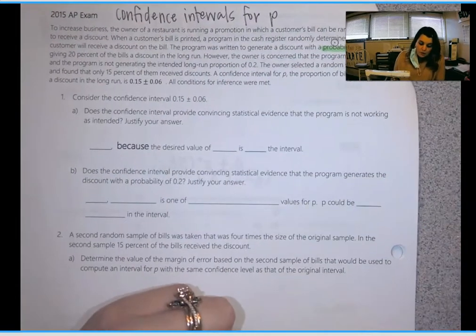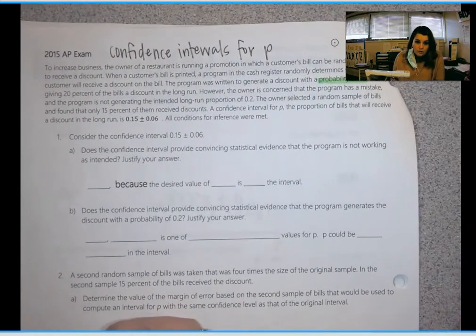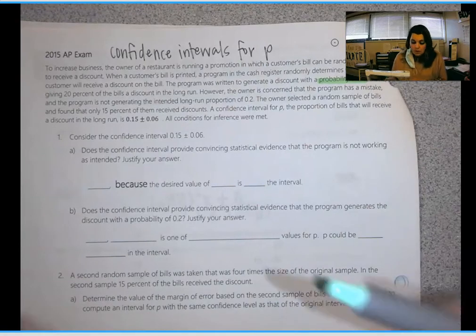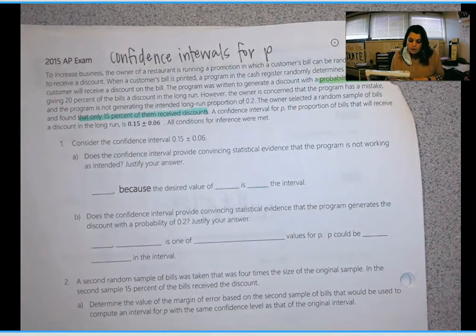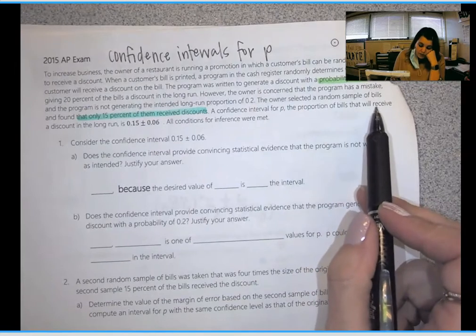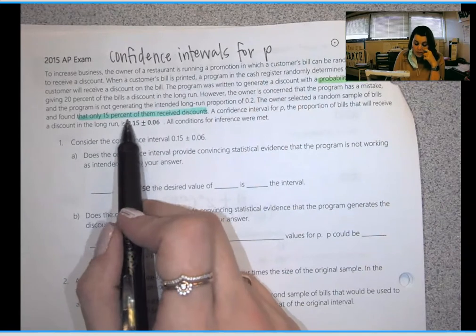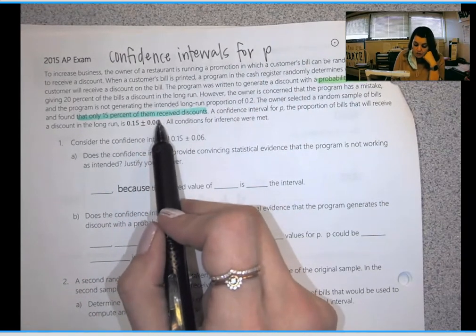So 20% of the bills will be given a discount in the long run. The owner selected a random sample of bills and found that only 15% of them received a discount. A confidence interval for P, the proportion of bills that will receive a discount in the long run, is our point estimate, which was 0.15, plus or minus a margin of error of 6%.